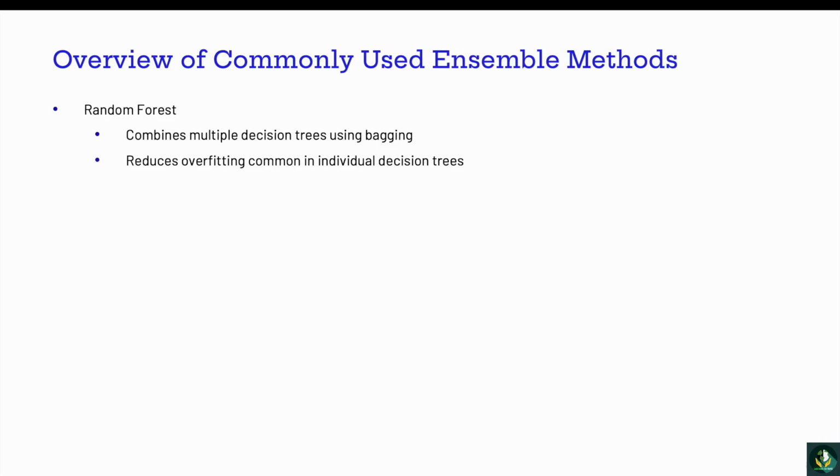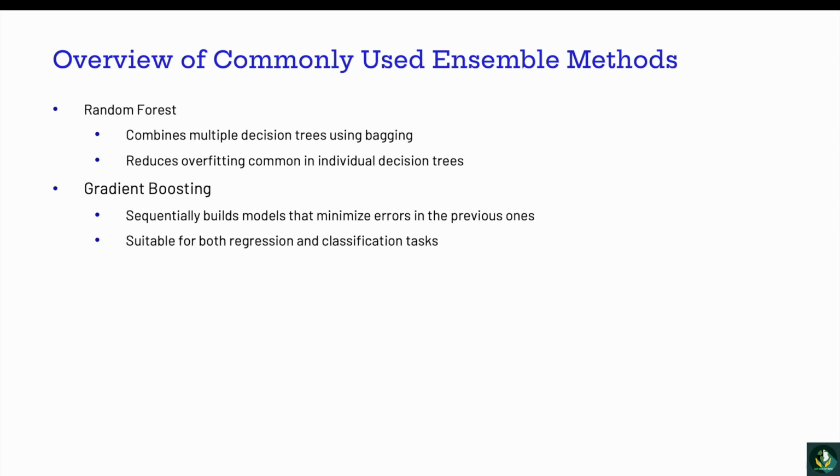We have random forest, which we did last week, if you remember. It combines multiple decision trees using bagging. It reduces overfitting, common in individual decision trees. Gradient boosting sequentially builds models that minimize errors in the previous ones, suitable for both regression and classification tasks.